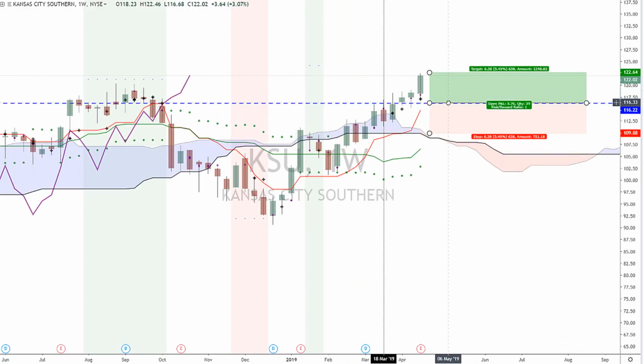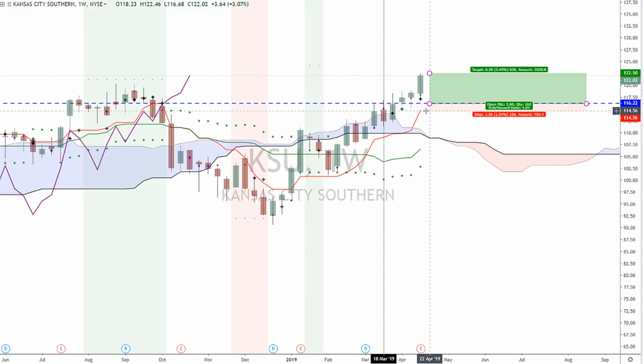Remember, this is weekly time frame, so you're looking to be a little more long term with this. You're looking to enter on the following week, since we closed above here, a pullback trade right there. And you want to make sure you clear that cross.